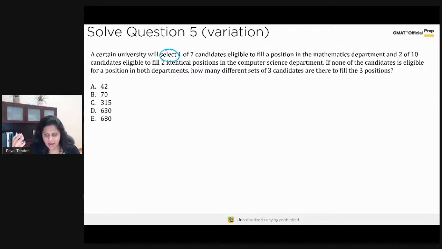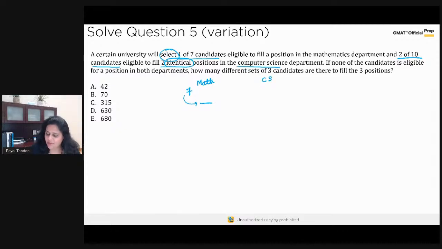A certain university will select one of seven candidates eligible to fill a position in the mathematics department. So you have the mathematics department over here, and there are 7 people, out of whom we have to select one person, and 2 of 10 candidates eligible to fill 2 identical positions. Very important word over here, 2 identical positions in the computer science department.